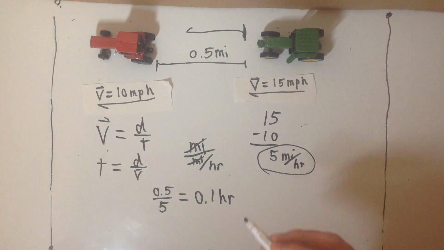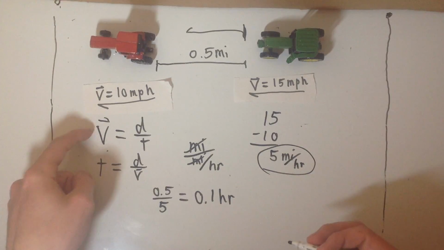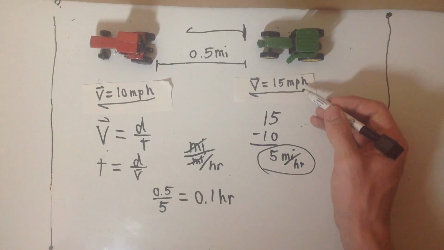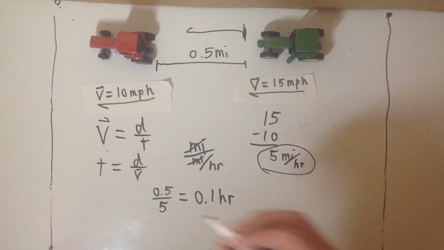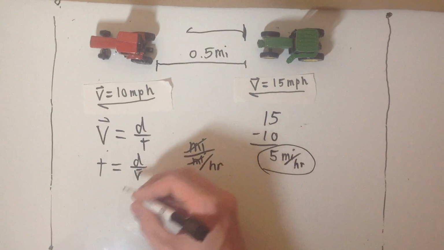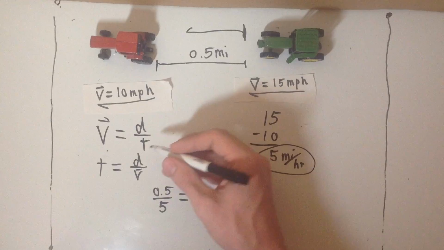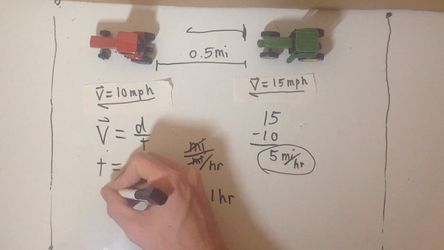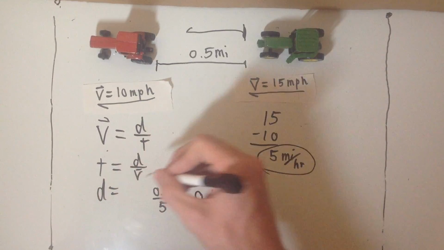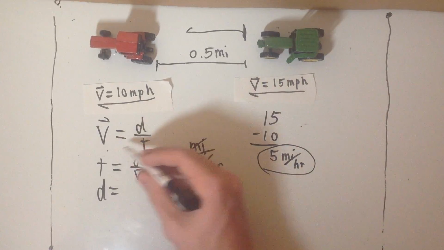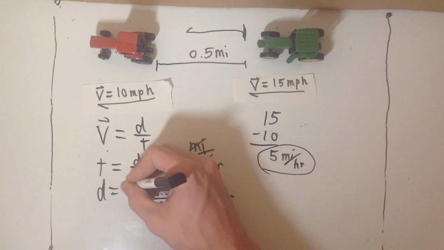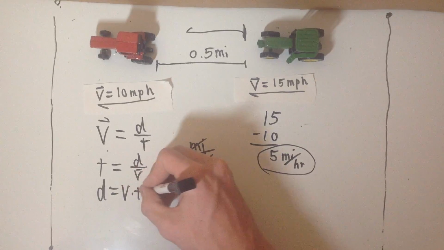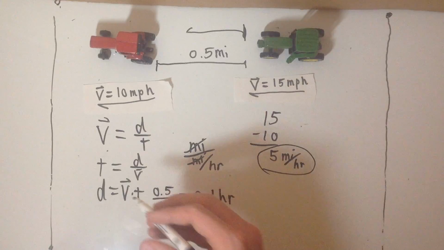Since we've already solved for our time, we can use this equation once again with the speed of the green tractor to calculate the distance. We rearrange it so that distance equals velocity times time.